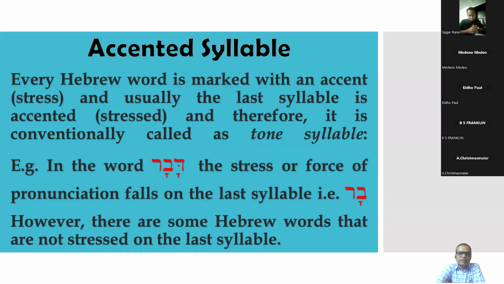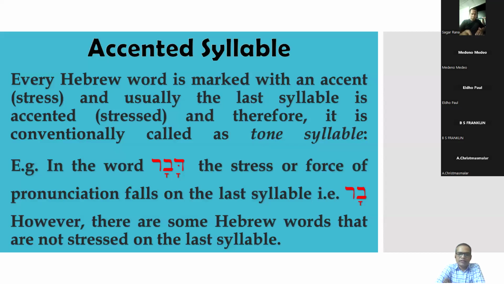In this case, the last syllable, var, is the tone syllable. So you have to stress that syllable when you read: da-VAR, da-VAR. The stress is given to the last syllable. This is the usual practice in the Hebrew language.